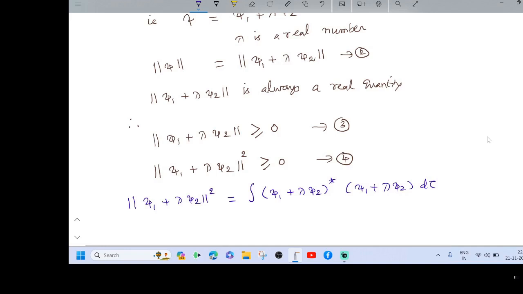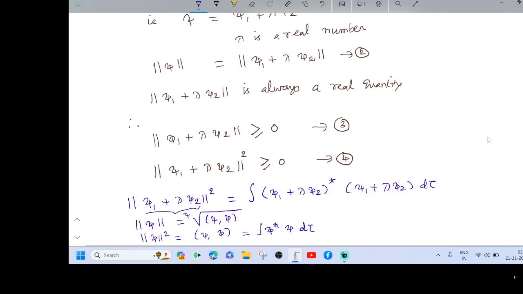This is the meaning, because the norm of psi in general is equal to the square root of the scalar product of psi with itself, but the norm square of psi is equal to psi comma psi, the scalar product of psi with itself, which is equal to the integral of psi star psi into d tau.